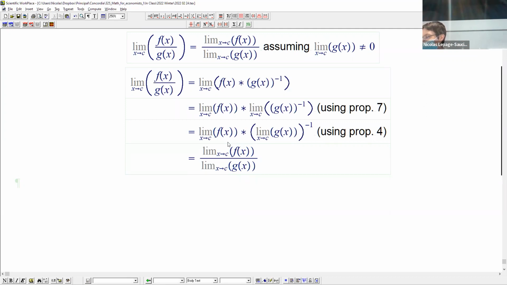So now we're getting to more important things. Or not more important things, but important things. Limits at infinity.